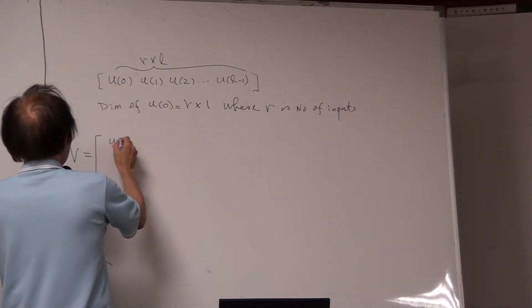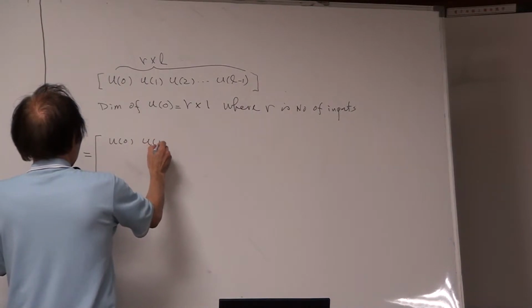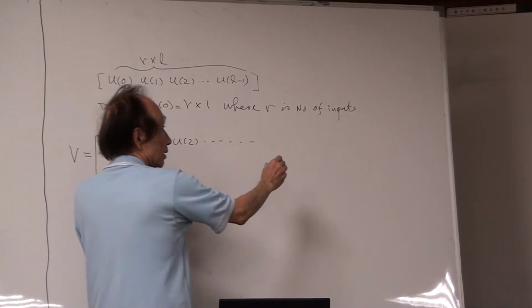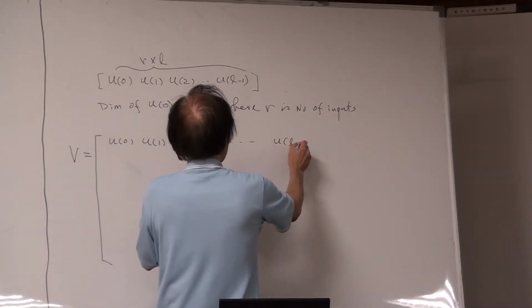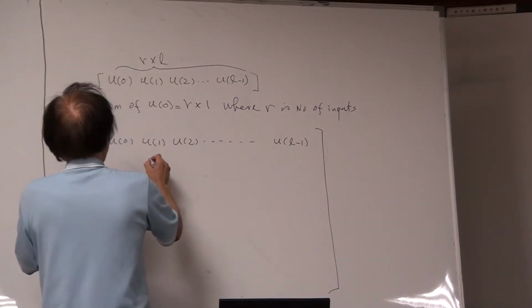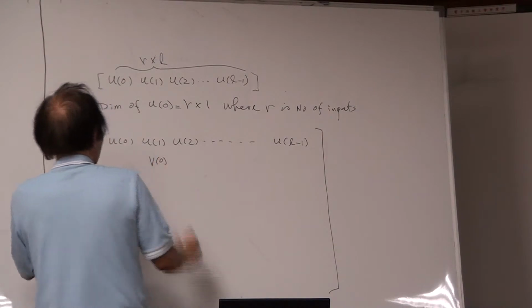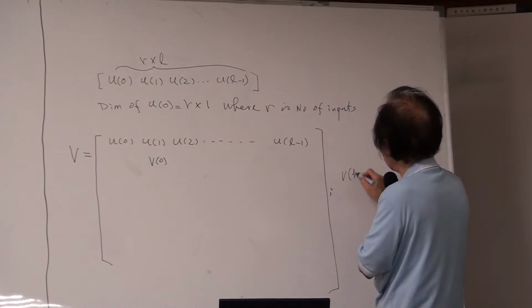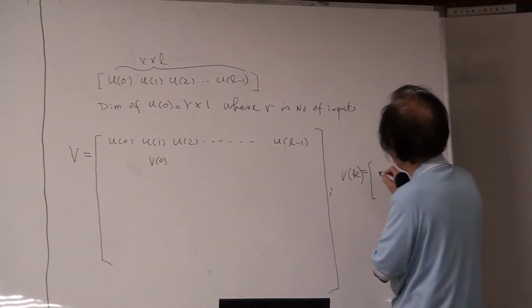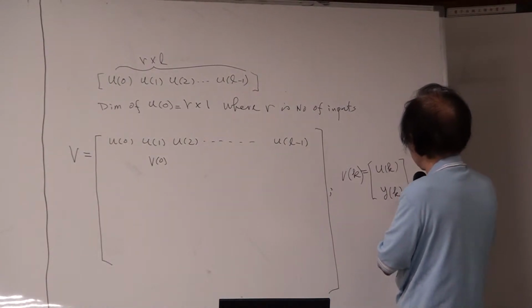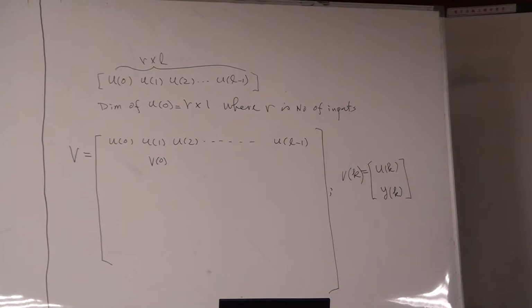I have U0, U1, then U2, and so on, to UL minus 1, and I have V here. What is my V? Vk equals Uk, Yk. That's my V.